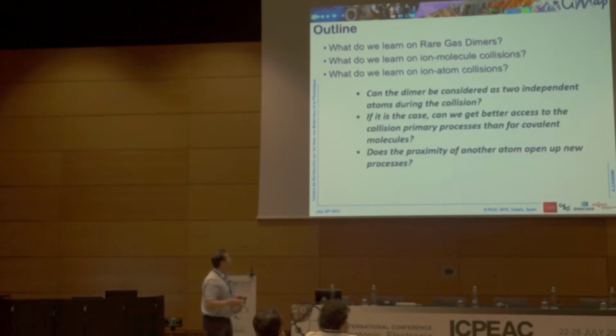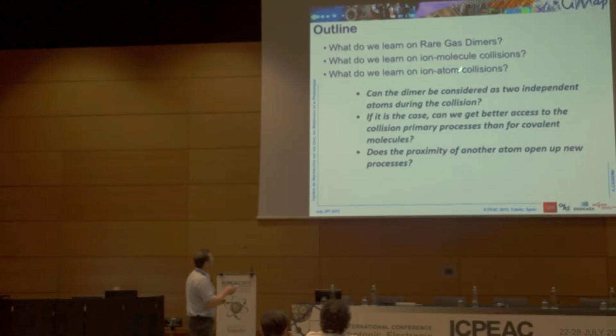If I reformulate these questions: for the dimer, could it be considered as two completely independent atoms? Concerning the molecules, do you have access to things which might be hidden by the covalent nature of the bond?